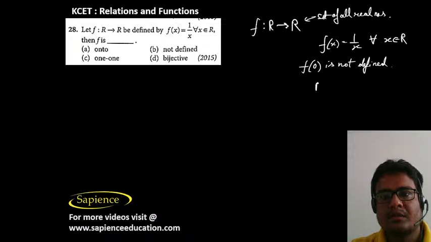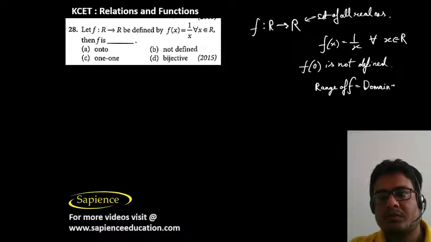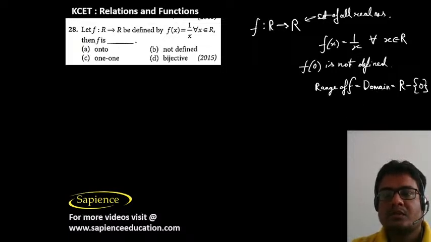So the range of the function f will be equal to the domain of the function f, that will be equal to R minus 0, since 0 cannot be obtained. But here 0 has been included, so hence the range is a subset of the codomain.